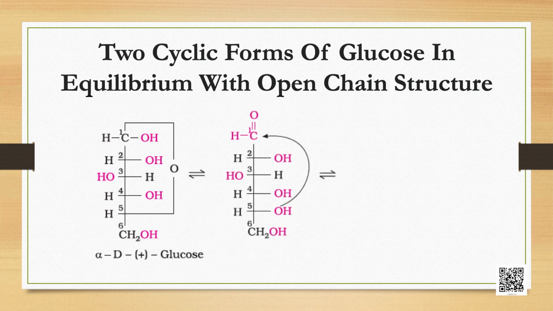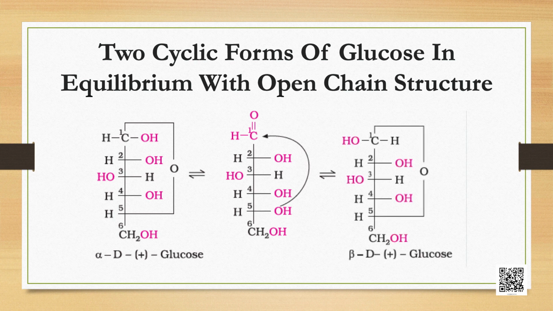Second, the pentaacetate of glucose does not react with hydroxylamine, indicating the absence of free CHO group. Third, glucose is found to exist in two different crystalline forms, which are named as alpha and beta. This behavior could not be explained by the open chain structure for glucose.